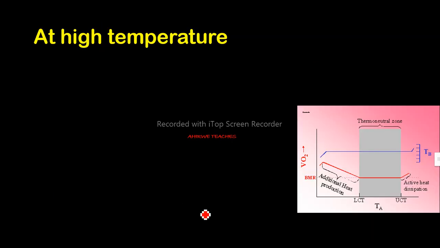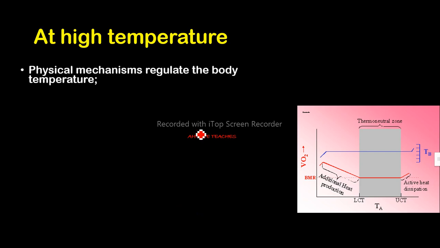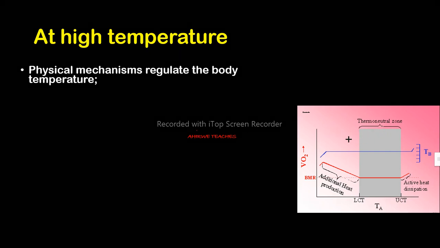Now, how about when temperature increases? The same thing happens. At high temperatures, we have that neutral zone, the thermoneutral zone. You can have a glimpse at it. This is the zone where the physical barriers, the body's insulation mechanisms are really enough to maintain the body temperature. Here the metabolic rate is simply down.